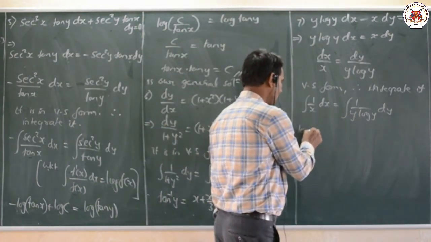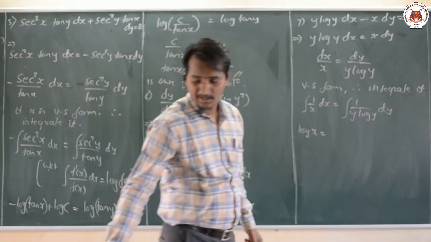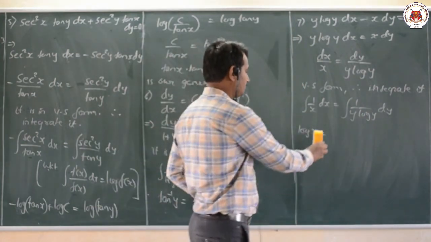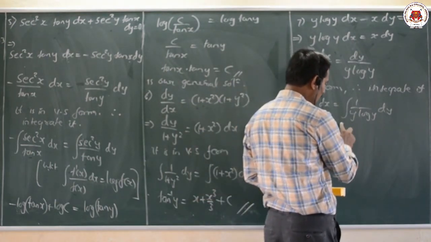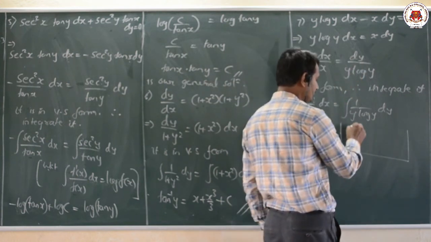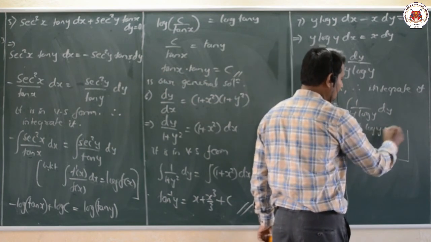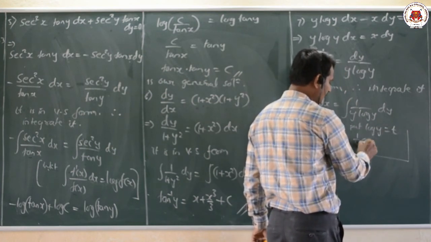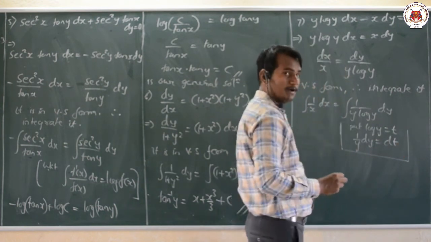That is nothing but log x. Now for the right side I have to integrate by making use of the substitution method. What substitution? Put log y equal to t. The differentiation of log y is 1 by y dy, which is equal to dt. Substitute both these values in the above.